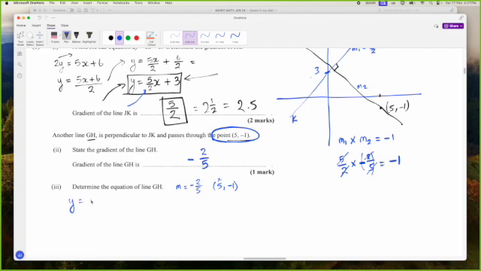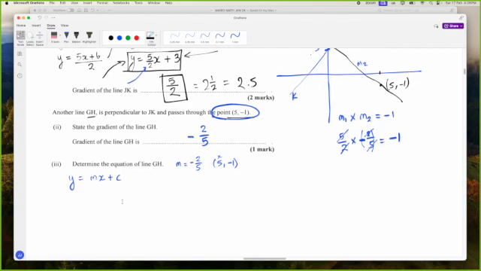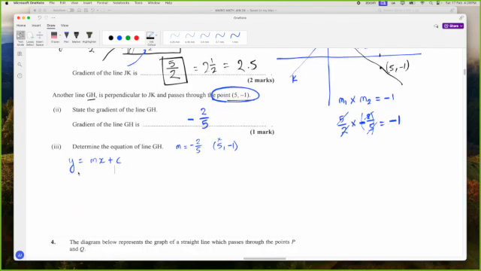y is equal to mx plus c. And so that means that y, which is minus 1, is equal to m, which is negative 2 on 5, times x, which is 5, thank God for that, plus c. All right, so the 5 cancels with the 5, negative 1 is equal to minus 2 plus c.